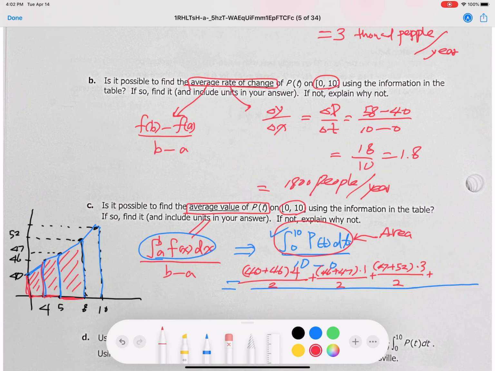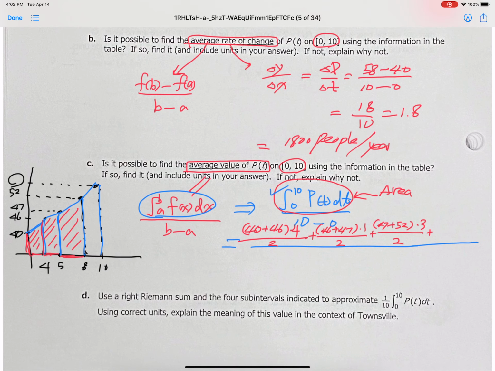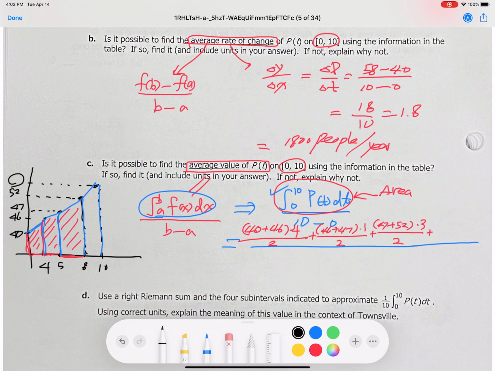And then the last trapezoid area: 52, and what was the other number? 58. That number was 58. So the last trapezoid area is base 1 plus base 2, 52 plus 58, times the height, which is 2, over 2.